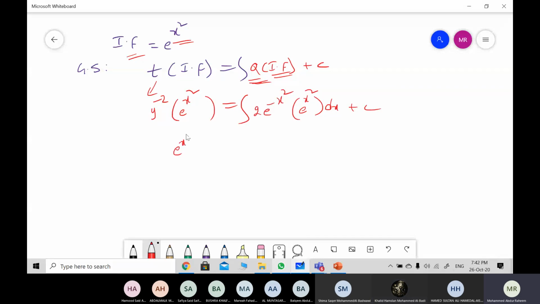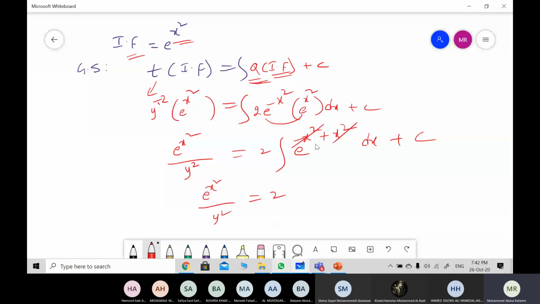This is e power x square; divide this minus, that's why plus down, 2 outside, constant. This is the same base, powers add, but these two cancel. Integration becomes simple here. Now e power 0 is how much? 1. So integral dx is simply x plus c, and finished.